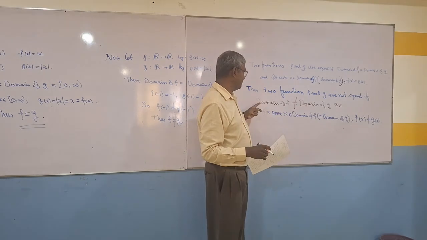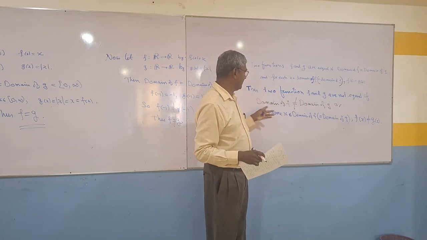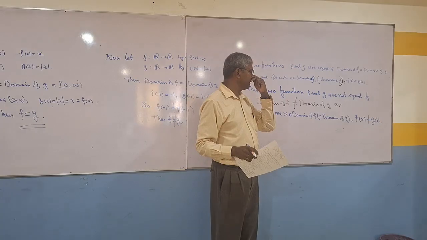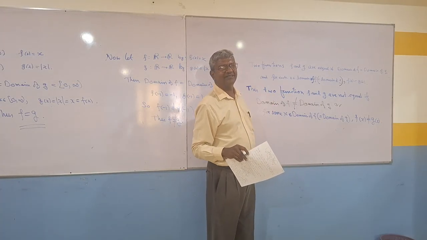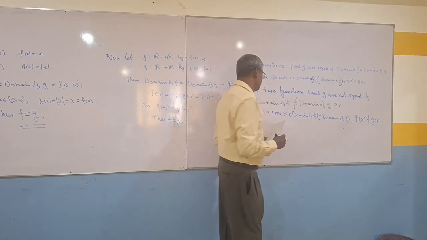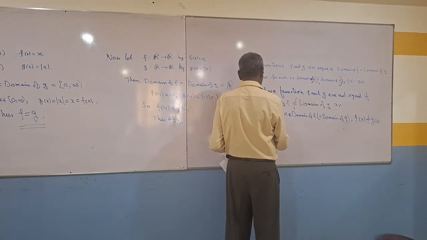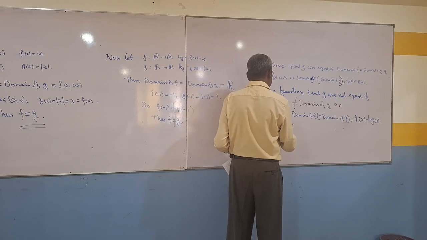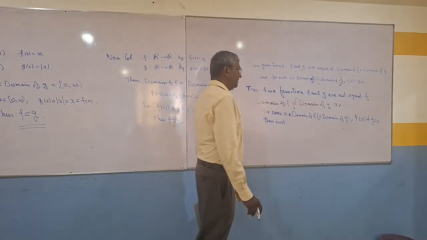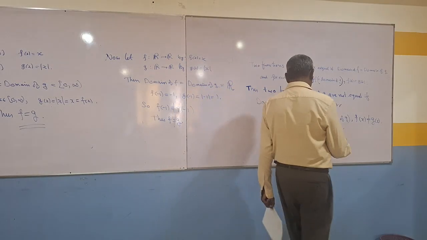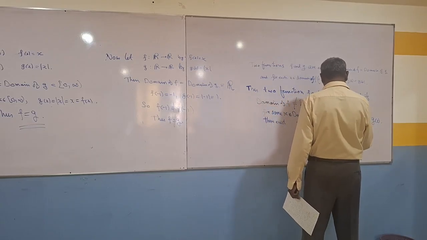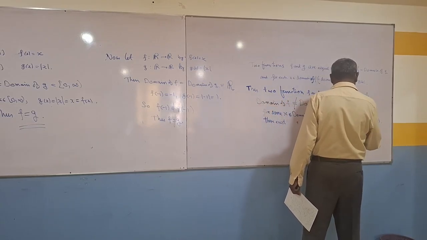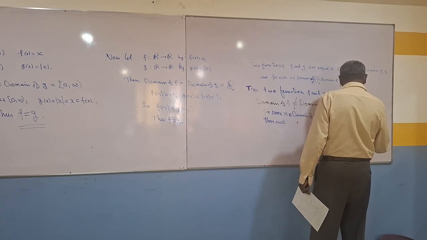Good thing is you began correct: domain of F not equal to domain of G. Then you forget about the negation of for each. You could have said there exists instead of for some: there exists x belongs to domain of F, such that f(x) not equal to g(x).